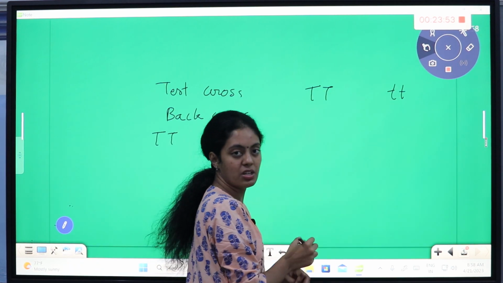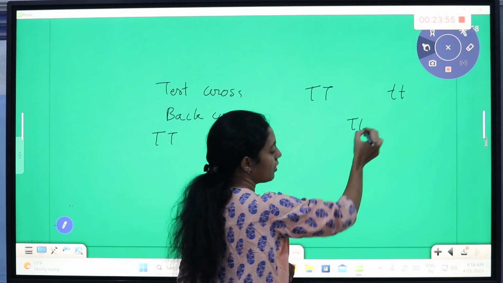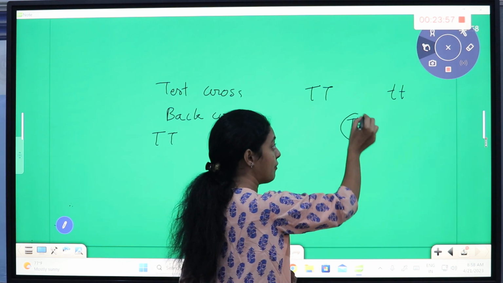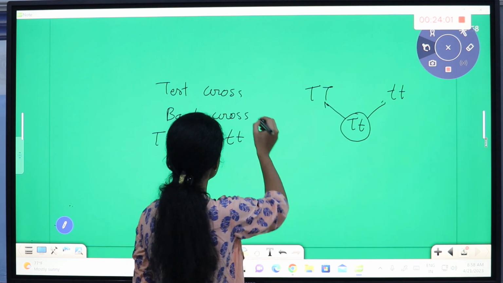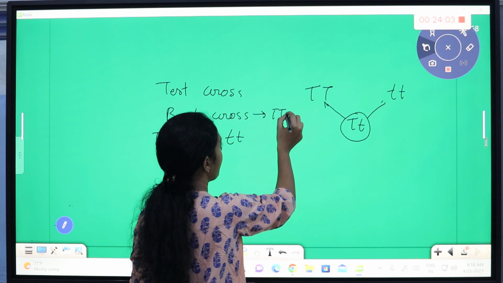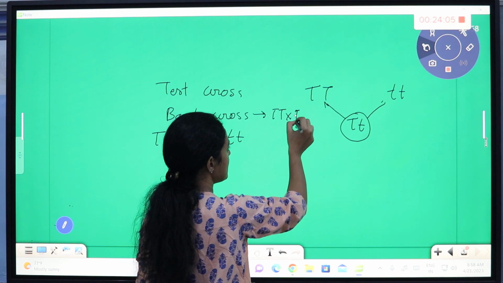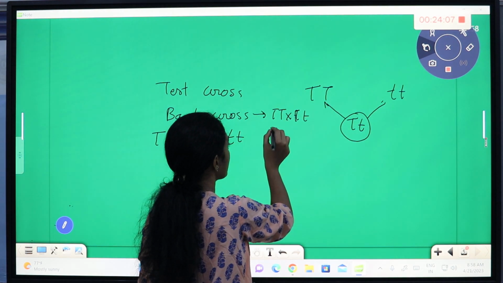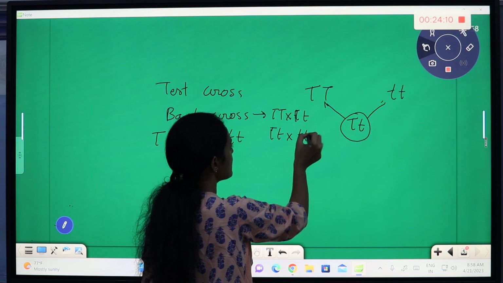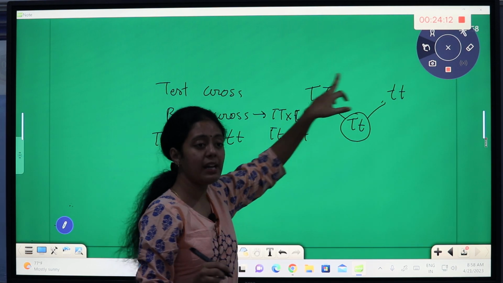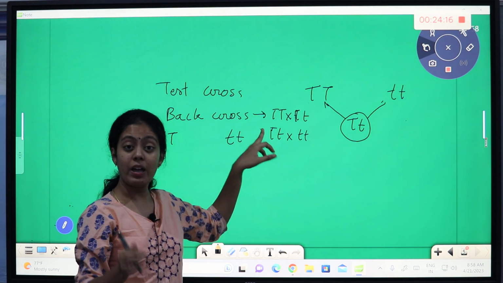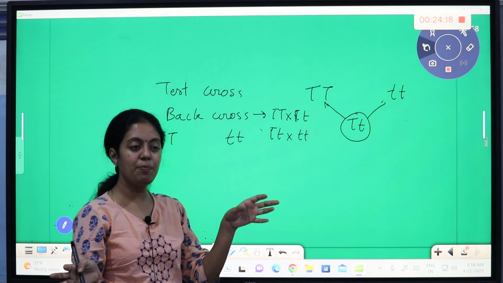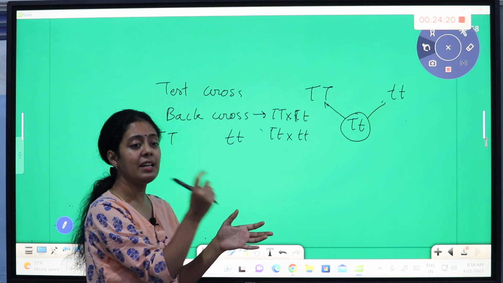This is your parental generation. This is my F1. Okay, if I cross my F1 with either of the parents, that is back cross: capital T into capital T small t, or capital T small t into small t. Either with the dominant or the recessive parent, then it is called back cross. Okay, any of the parents.